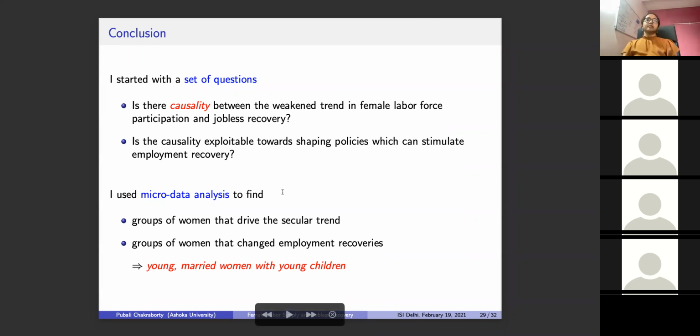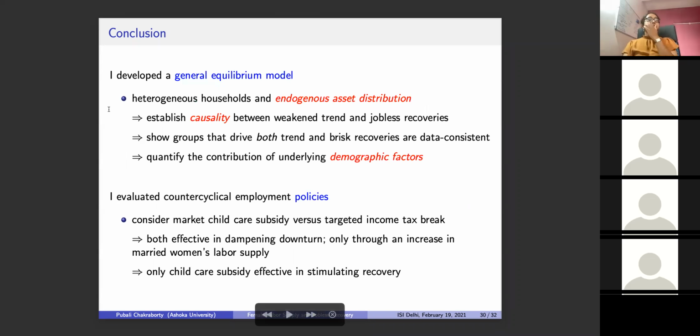I start with a microdata analysis to find the different groups of women that drive the secular trend and that change employment recoveries. I find that it's young married women with young children who are the important group. That helps me to develop a general equilibrium model which accounts for these different kinds of households and this endogenous asset distribution. Using my model, I establish causality between the weakened trend and jobless recoveries.